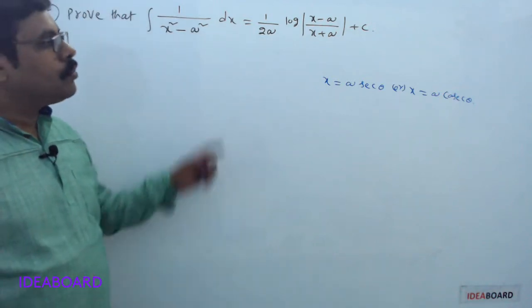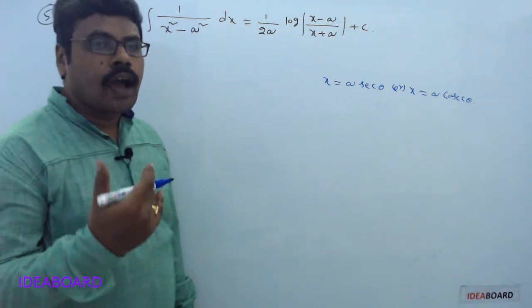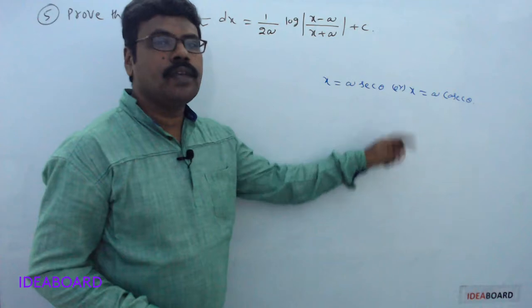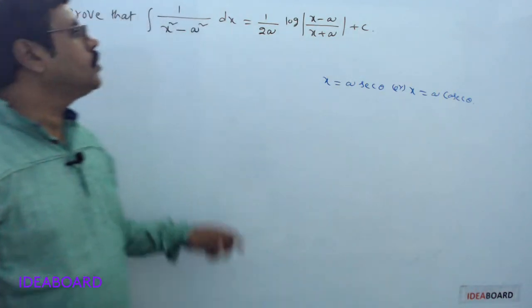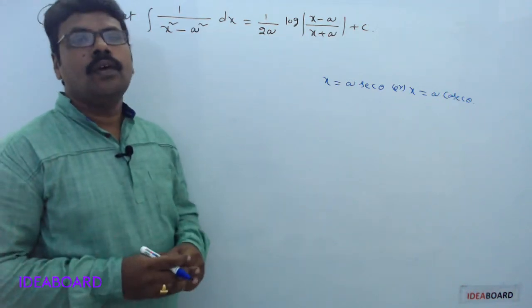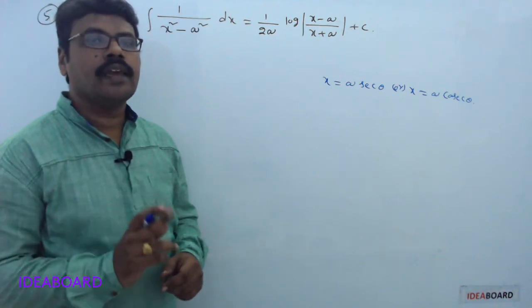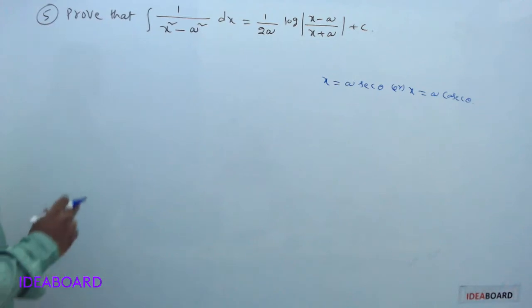Now, based on previous formulas, you have some idea how to derive the required formula with the help of the substitution method. That's why I am going to derive this formula in an easiest way without taking any substitution. Now, first see that method.